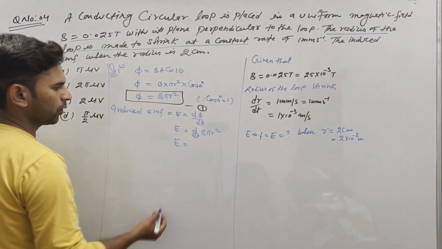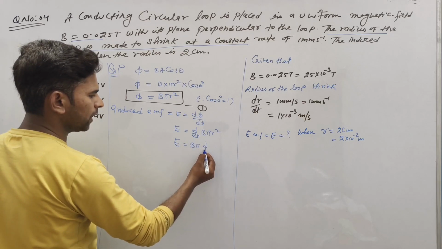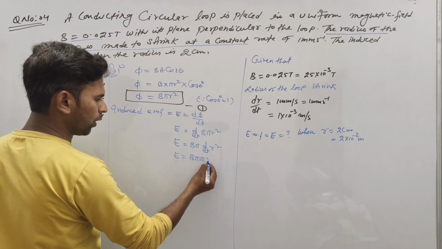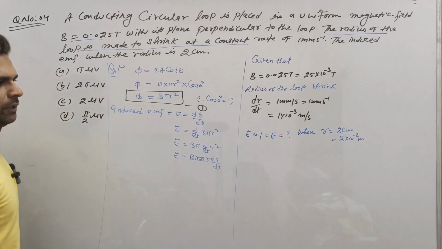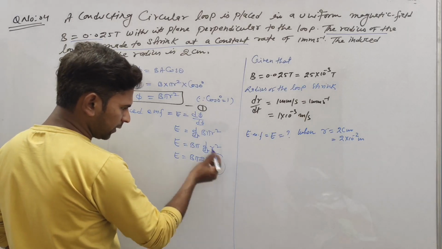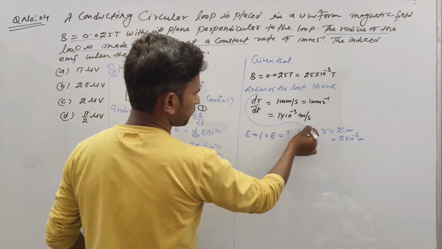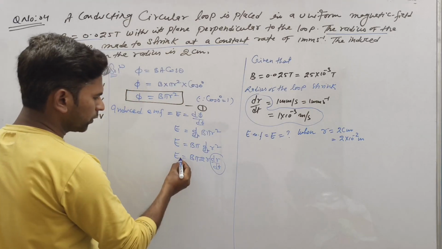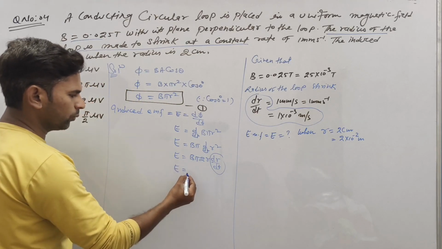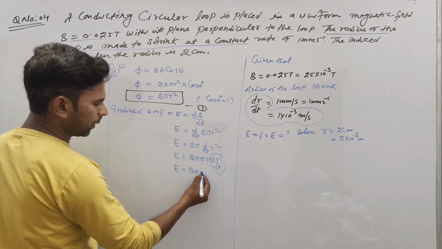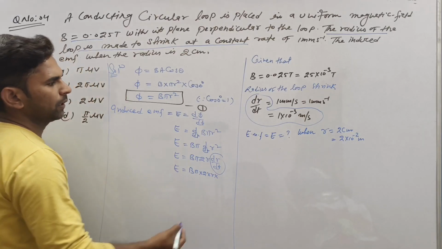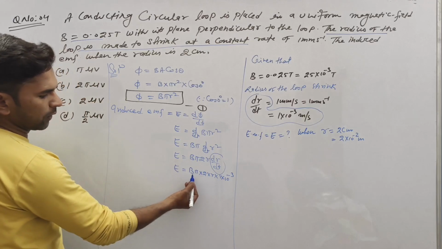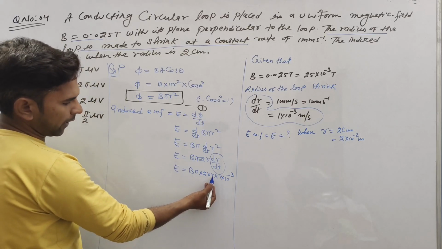B pi is a constant, so E is equal to B pi d by dt of r square. So E is equal to B pi 2r dr upon dt. What is the value of dr upon dt? It has this value, so you can apply it here. I am just writing: E is equal to B pi multiplied by 2 multiplied by r multiplied by 1 multiplied by 10 power minus 3.